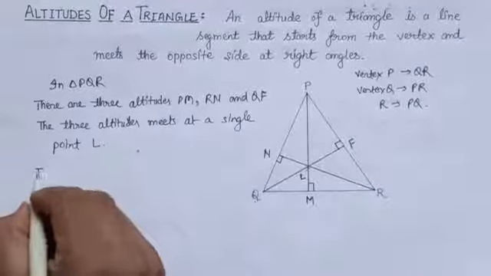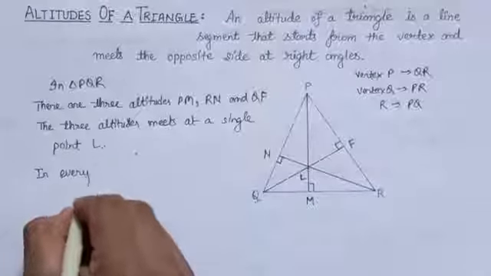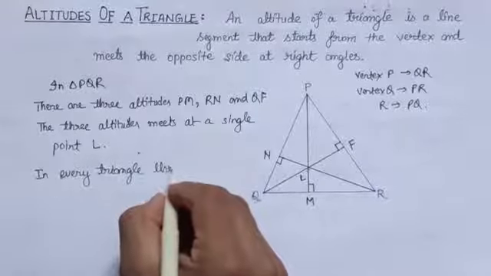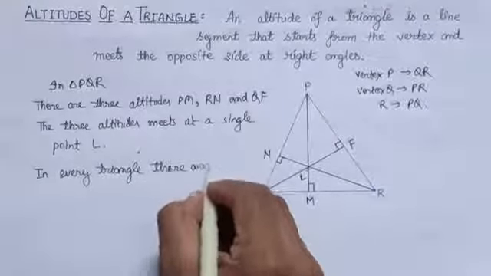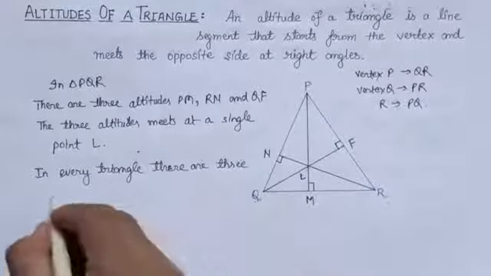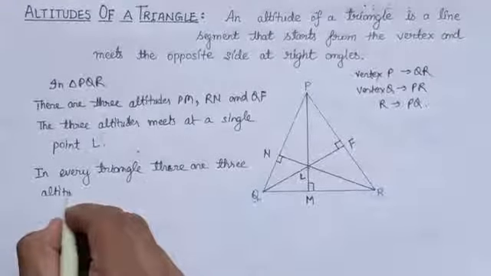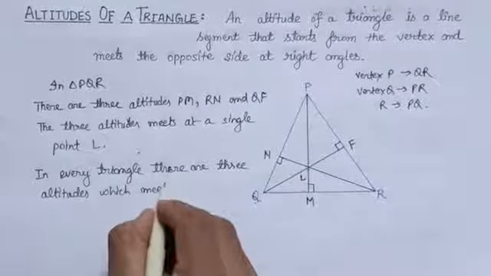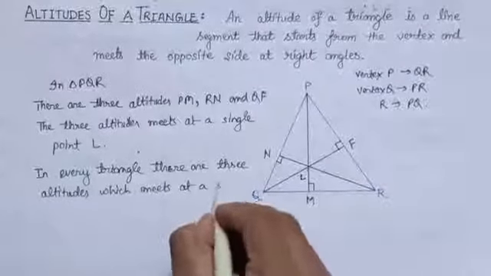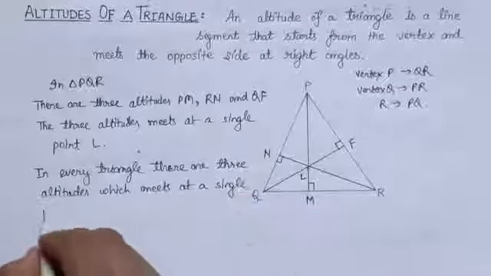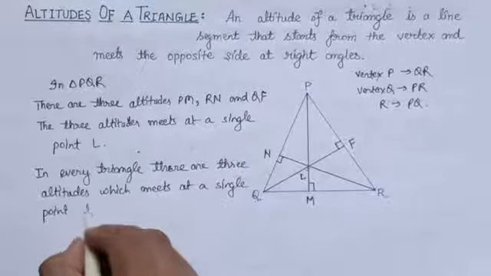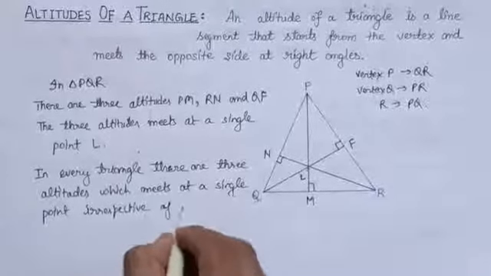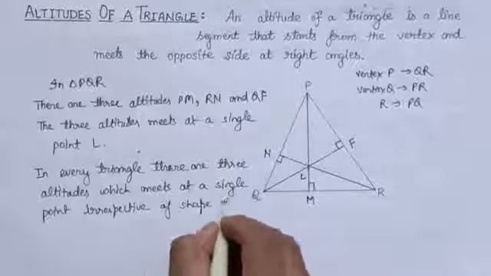That is, we can write: in every triangle there are three altitudes which meet at a single point irrespective of the shape of the triangle.